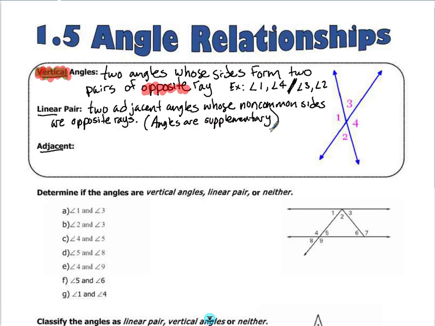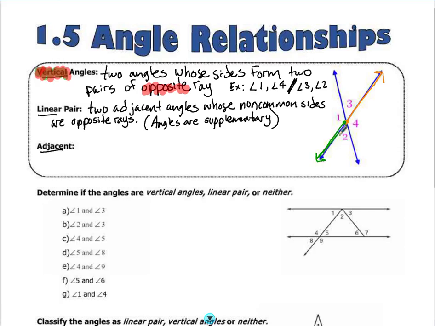So let's go ahead and quickly identify opposite rays here. Let's say that here's my vertex, and let's say I go off in one direction this way. This ray is going to be an opposite ray with this ray, right?